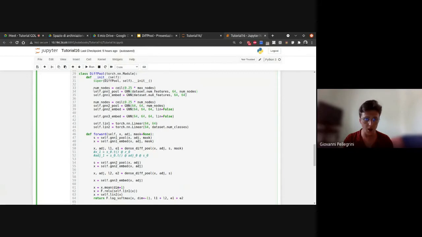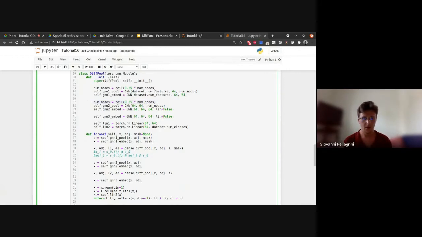At each hierarchical step, we also decide how many nodes we want, and in this case we reduce it by a factor of 0.25 at each step. So the first step is the number of nodes multiplied by 0.25, and the second is again multiplied by 0.25.